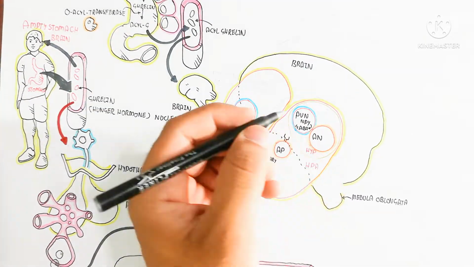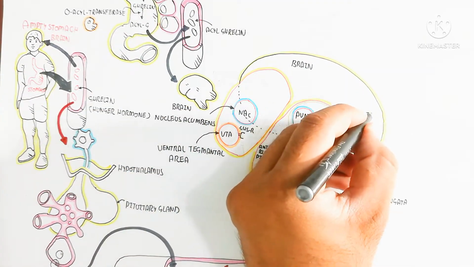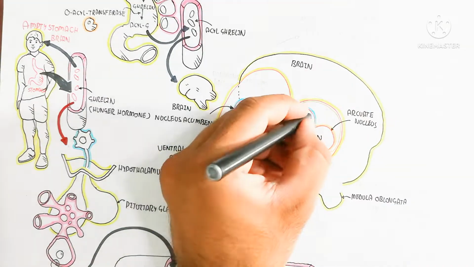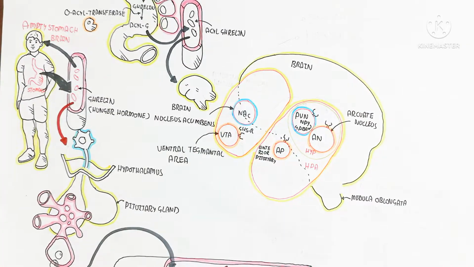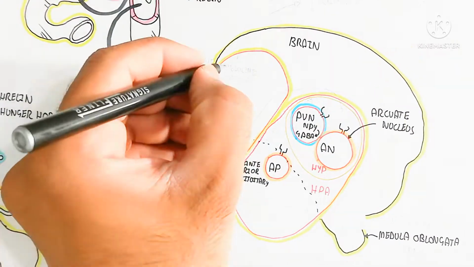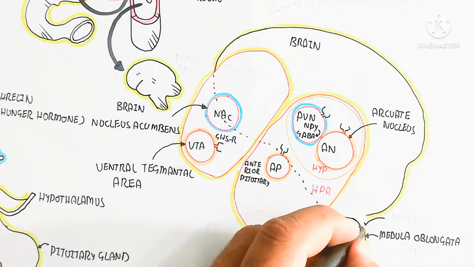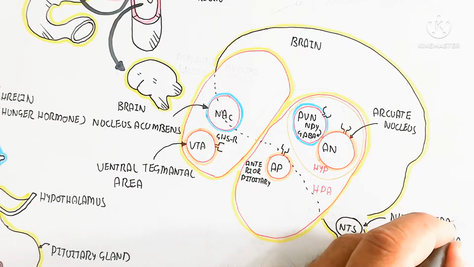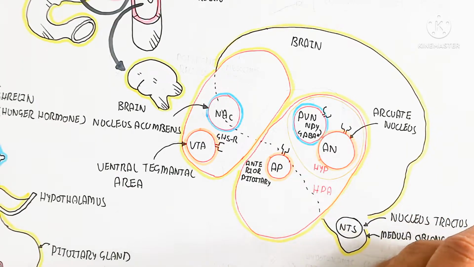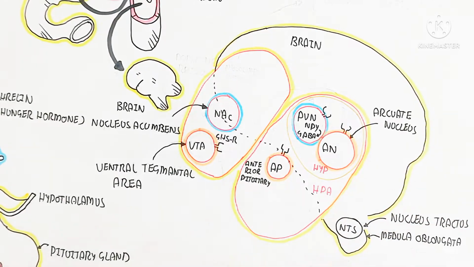Each cell here is a nucleus. This is the neuron, present in the central nervous system. Here is the arcuate nucleus, AN, and the paraventricular nucleus contains neuropeptide Y, which will trigger GABA for inhibition.